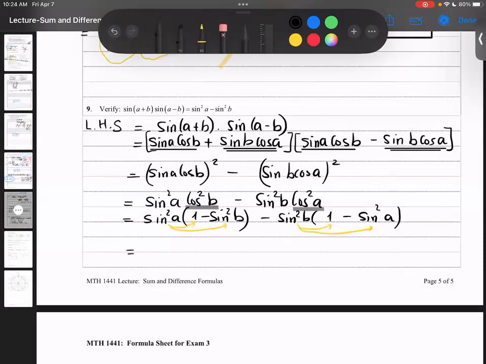Sine squared A minus sine squared A sine squared B, minus sine squared B plus sine squared B sine squared A.